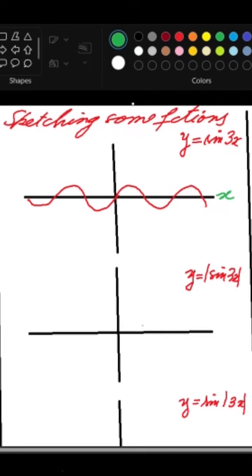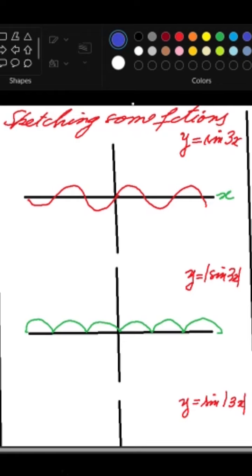So if we draw the function y equals absolute value of sine of 3x, everything that is below will come above the x-axis, so our function will look like this.